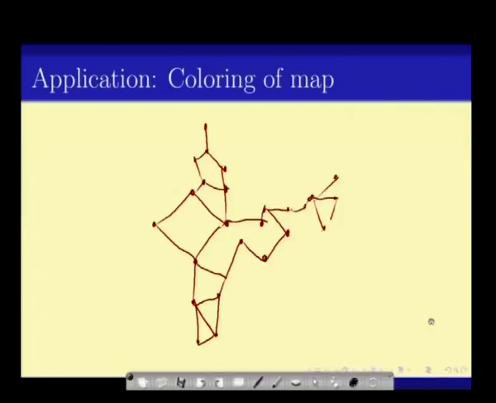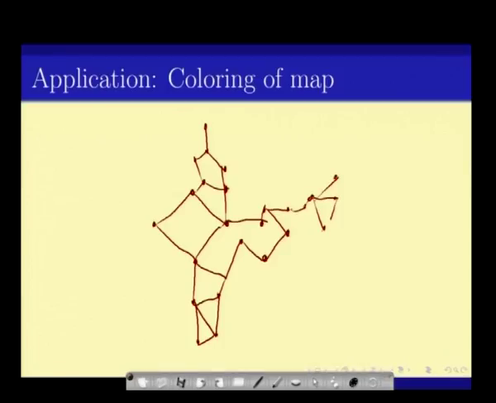Once we throw away the map, we get a graph like this, and all we need to know now is how to color each of these vertices with different colors, so that no two adjacent vertices have the same color. The reason is obvious, because two adjacent vertices or two neighboring vertices share a common boundary. So, we do not want to have them the same color. So, we want to color them differently.